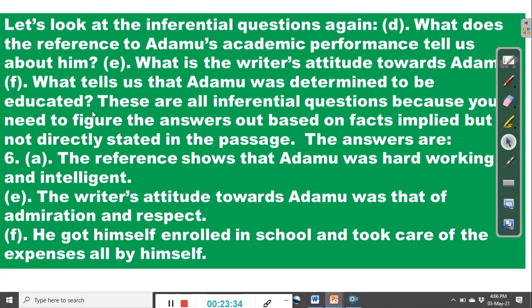You see, there is no place in the passage where you will read directly that Adamu was determined to be educated, but from the things he did, from his actions, you will discover that he was actually determined to be educated. So these types of questions are called inferential questions. They are questions you have to figure out that are not directly stated in the passage, but indirectly, so to say. All right?